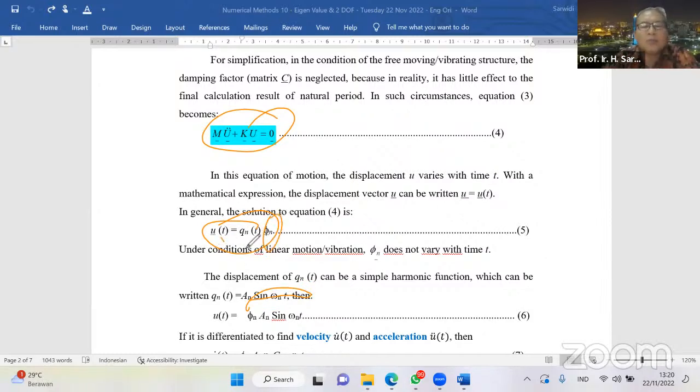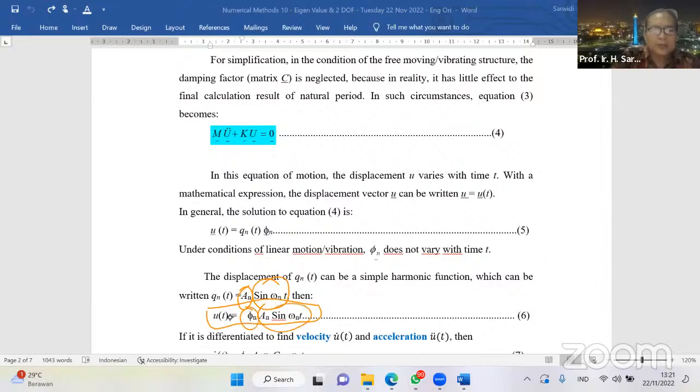This is the form of a vector related to the shape of vibration, and this is the amplitude, which we can find or calculate after we have the earthquake data, for example. In the general solution, we put sine of omega t, and this is u to become this one.